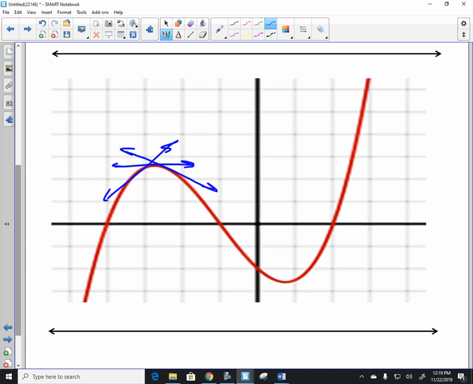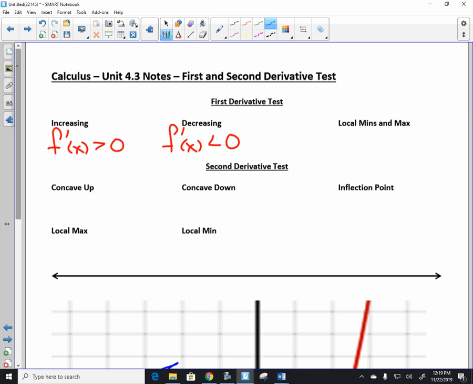We have to say that the derivative changes from positive to negative. If you change from positive to negative, what number do you have to cross over in the meantime? 0. So if you're changing from positive to negative, that means that you definitely crossed over 0. So a local max occurs when f prime of x changes from positive to negative.